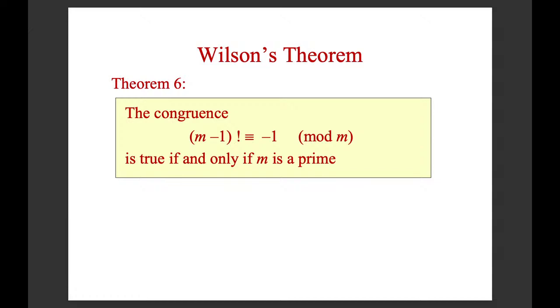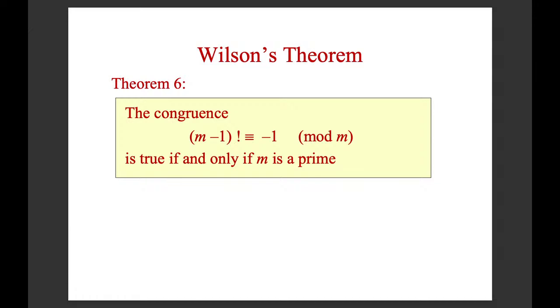So in that case, Wilson's theorem gives us a property about prime numbers. Whenever we have a prime number, then (p minus 1) factorial will be equal to minus 1 modulo p. On the other hand, if a number m is not a prime number, then (m minus 1) factorial will not be equal to minus 1 modulo m. So we can actually use Wilson's theorem to check whether a number is a prime or not.